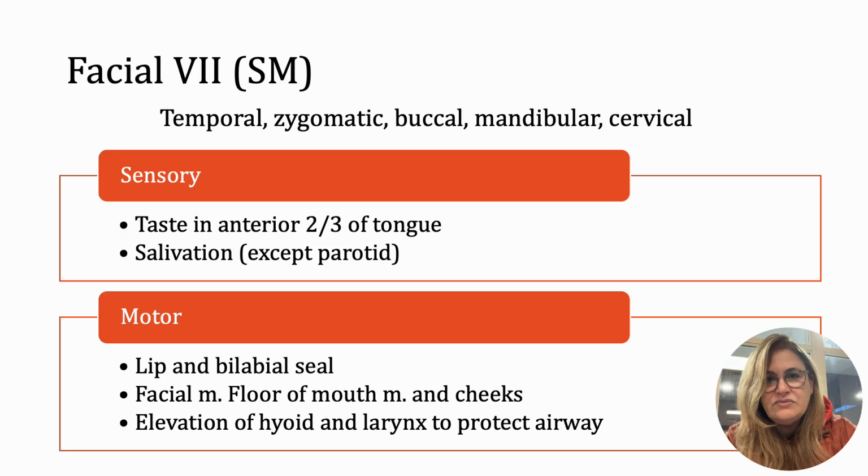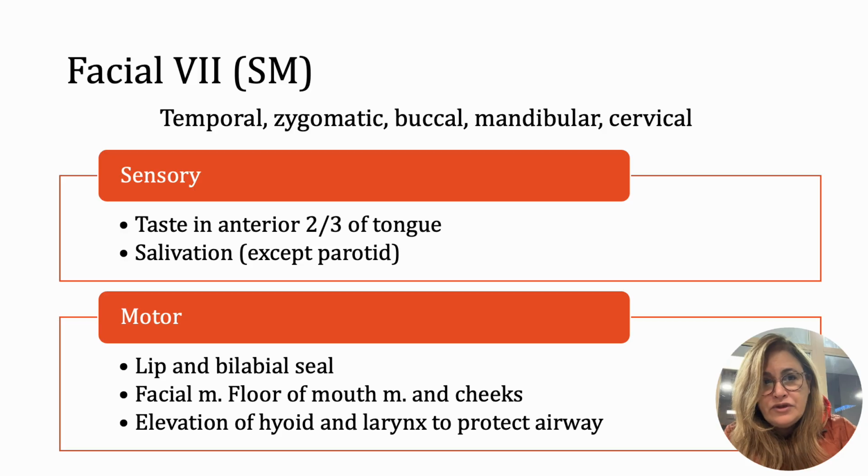So in this case, we're talking about sublingual and submandibular. In terms of the motor component, we're talking about the lips, the bilabial seal of the lips or orbicularis oris, facial muscles, floor of the mouth muscle, and cheeks to keep that bolus in place, elevation of the hyoid and the larynx to protect the airway.